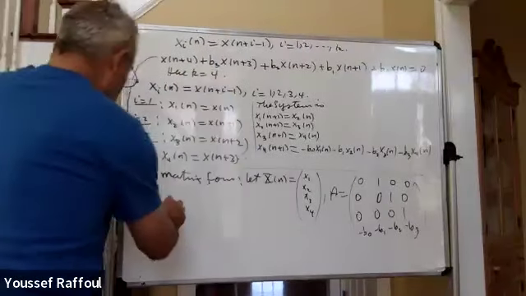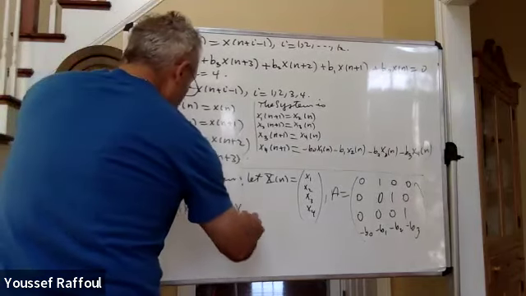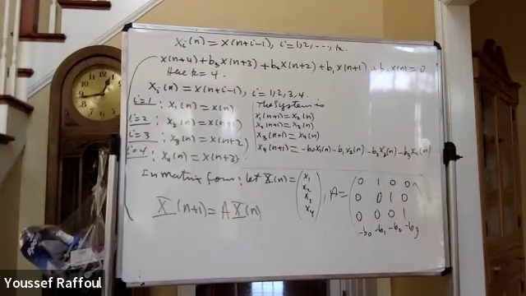Okay, and therefore this system can be written as x of n plus 1 equals A x of n. Okay. All right. Any questions?